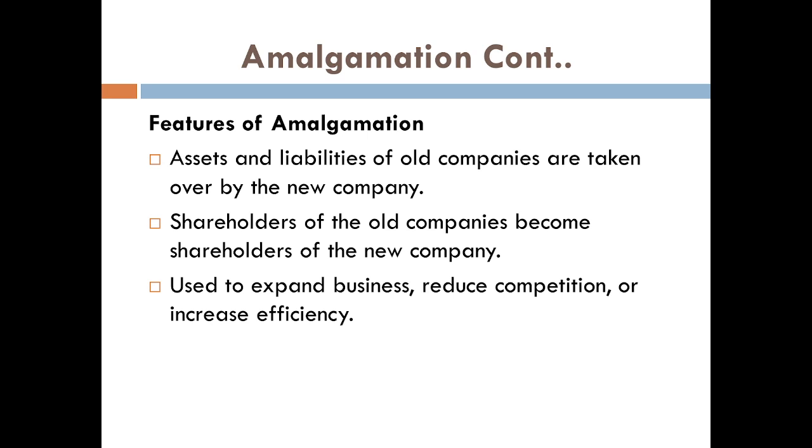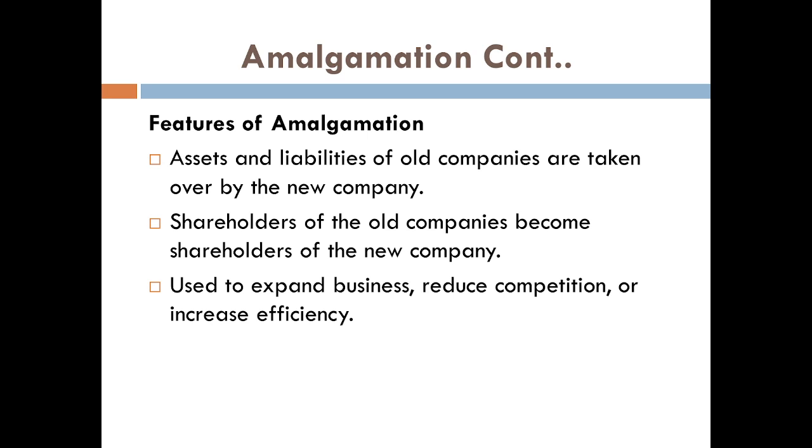That is where the journal entries turn relevant and the names of each and every company become so important. So always the old company is the selling company, which is giving its assets and liabilities to the new company, the desired company. As we saw in the earlier example, X and Y are selling companies. The Z, the new company which is created, is called the buying company.